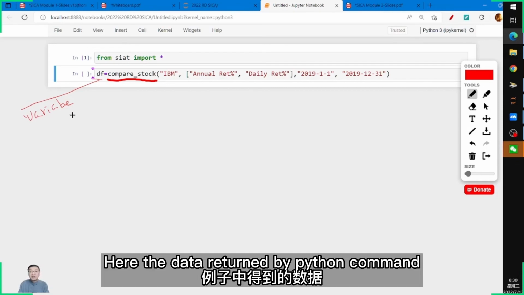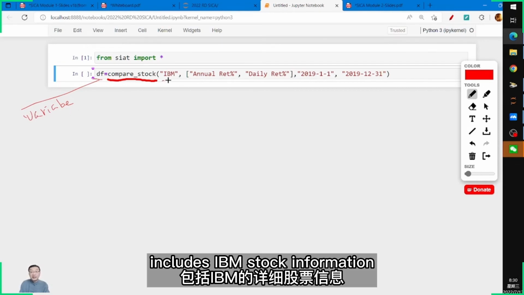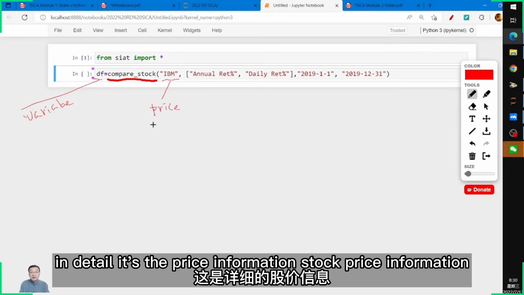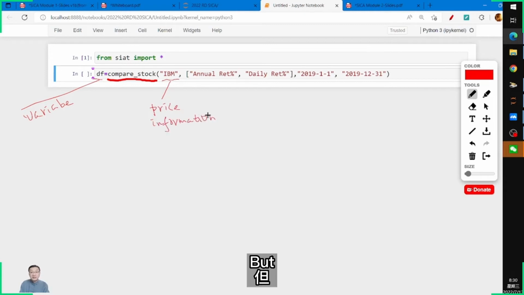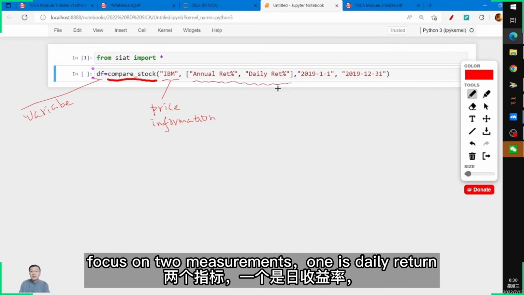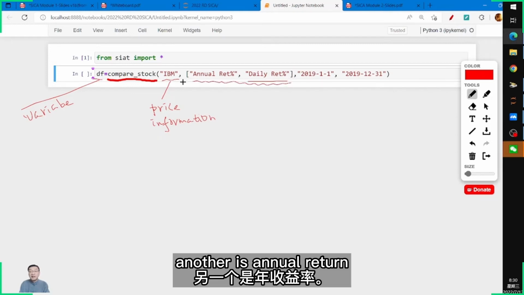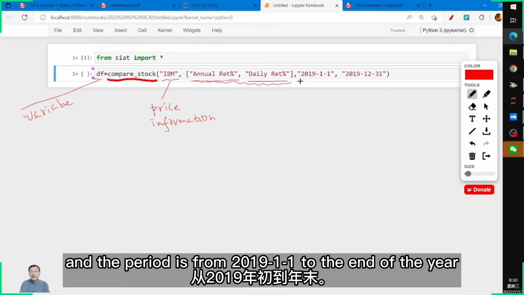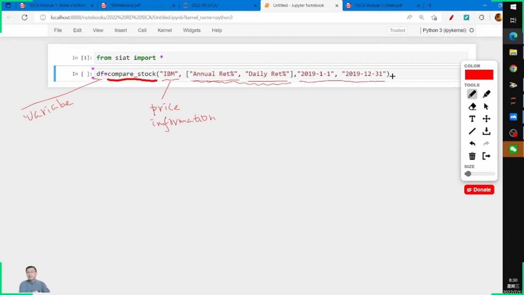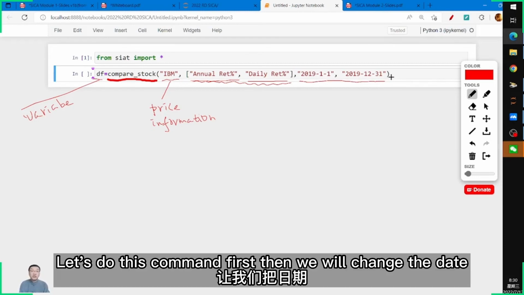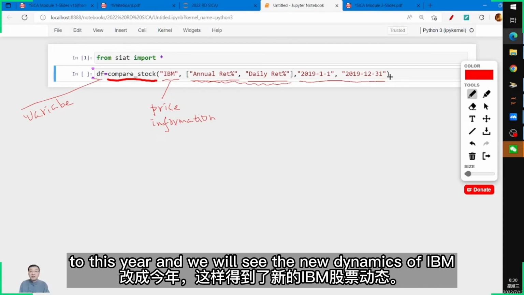Here, the data returned by the Python command includes IBM stock information. In detail, it is the stock price information. But focus on two measurements. One is daily return, another is annual return. And the period is from January the 1st, 2019 to the end of the year. Let's do this command first. Then we will change the date to this year and we will see the new dynamics of IBM.